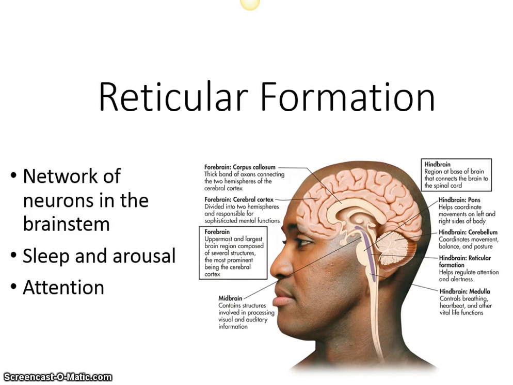Now, the reticular formation is like the gatekeeper for when and what you pay attention to. It also regulates sleep and arousal. So, for example, imagine that you're driving down a long, flat, boring stretch of highway in Kansas, say. Your reticular formation helps keep you awake, even though this drive is slightly boring.